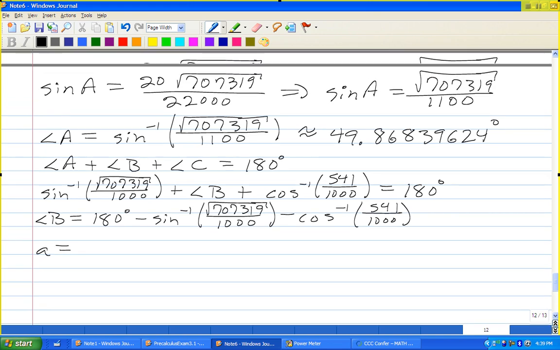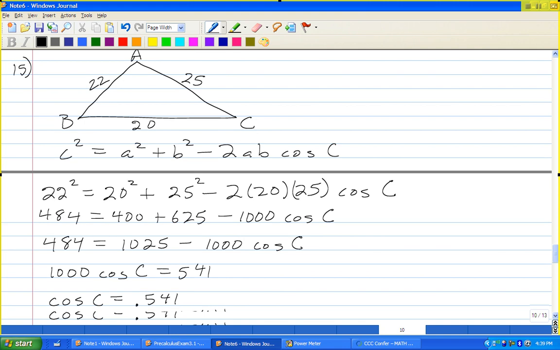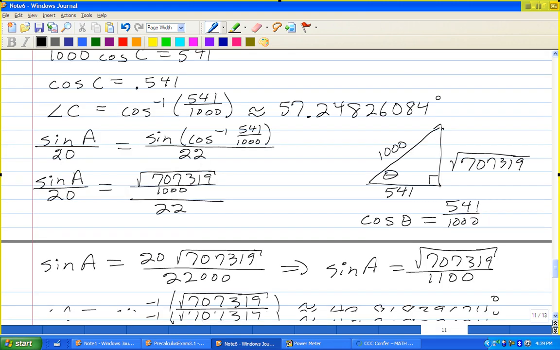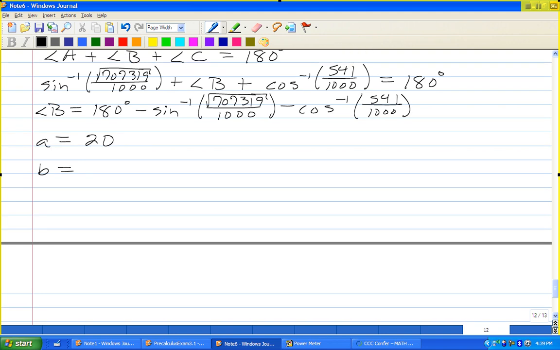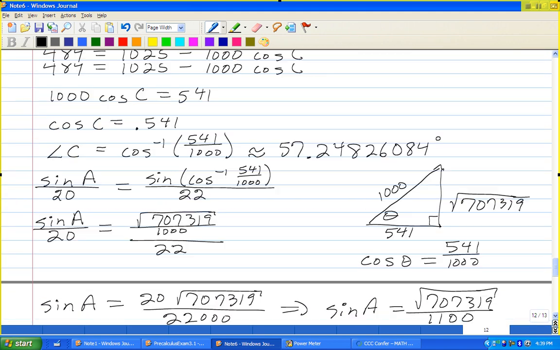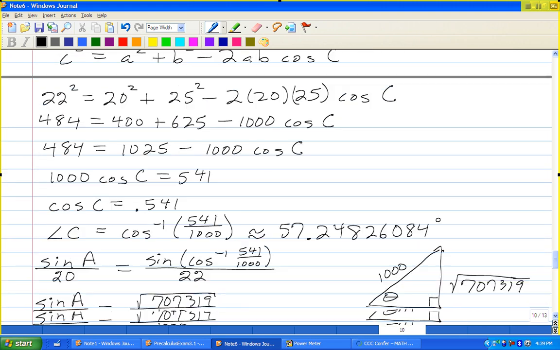Okay, so I'm done. So A is 20. B is 25. C is 22.